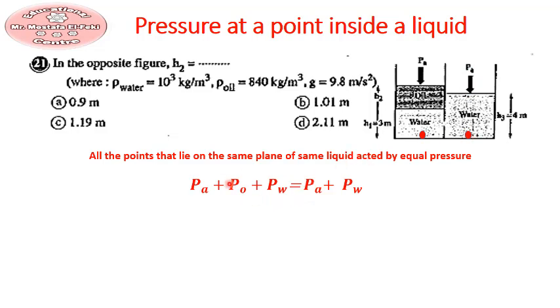Cancel PA with PA, then P oil plus P water equals P water. Then rho g h of oil plus rho g h of water equals rho g h of water on the right side.